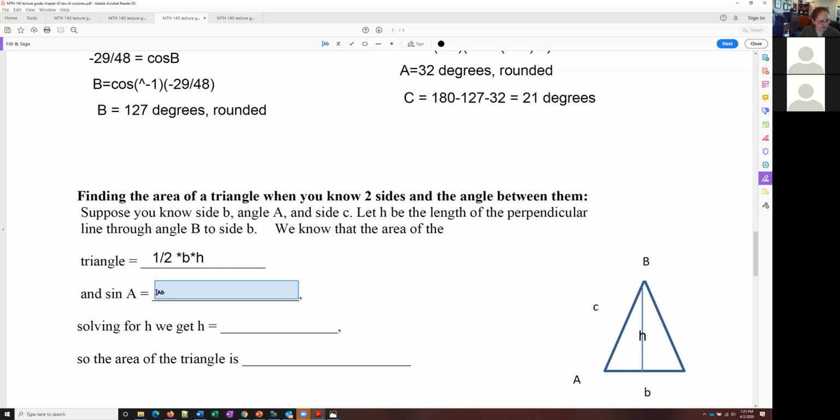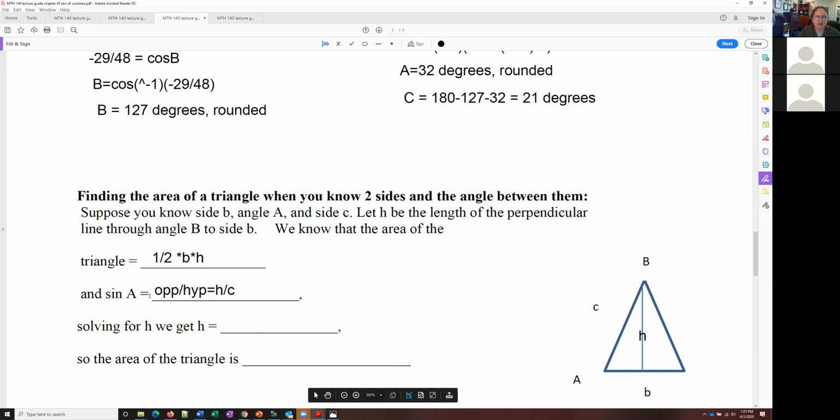We also know that sine A is equal to the side opposite divided by the hypotenuse, which in this case, sine A would be H divided by C. Okay, because we have this right angle in the picture. So the sine of angle A is the side opposite, which is H, divided by the hypotenuse, which is C.